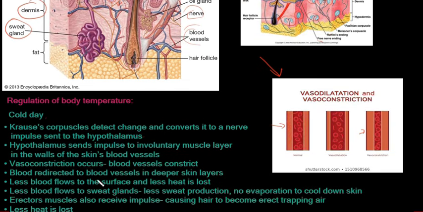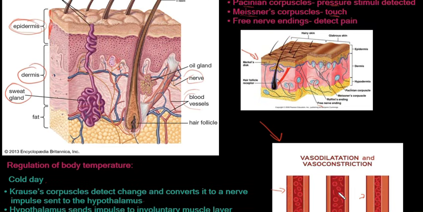Blood is redirected to blood vessels in the deeper skin layers, so less blood flows to the surface and less heat is lost. Less blood flows to the sweat glands as well, so less sweat production, so no evaporation to cool down the skin.